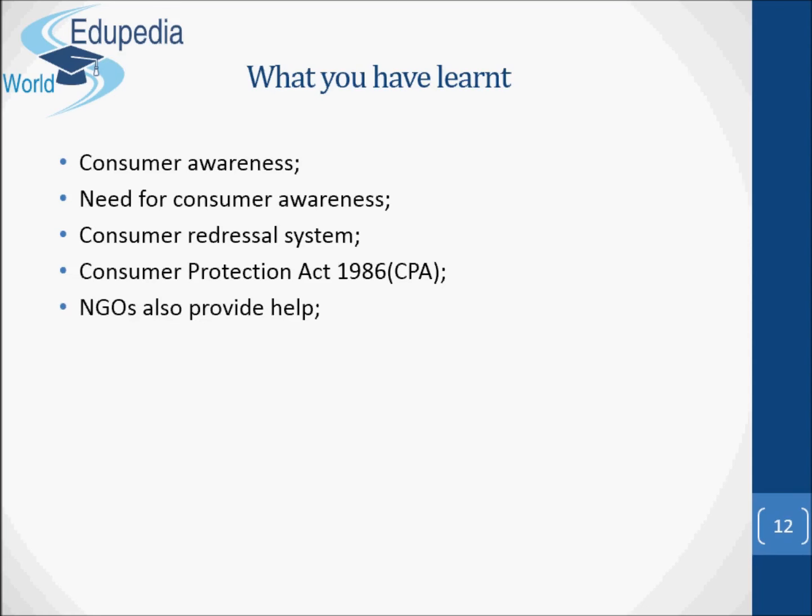NGOs also provide help. For redressal of grievances, there are 3 layers of consumer courts in India, with the District Consumer Forum at the bottom, the State Consumer Disputes Redressal Commission at the mid-level, and an apex body known as the National Consumer Disputes Redressal Commission at the top.